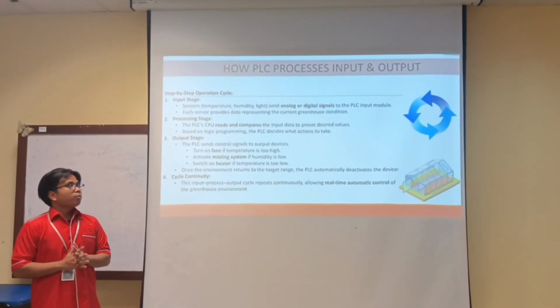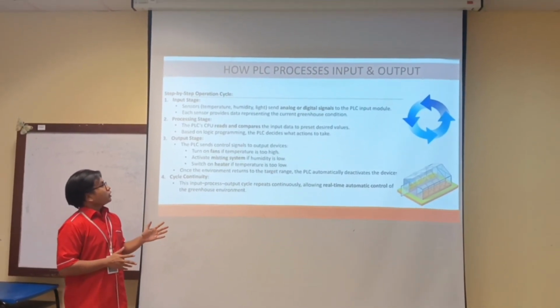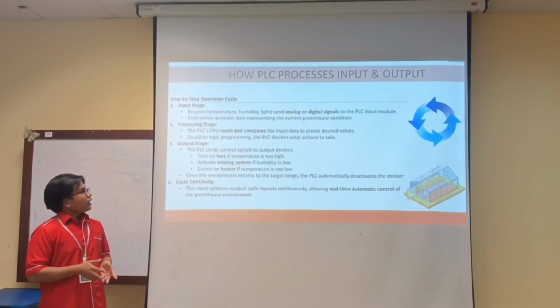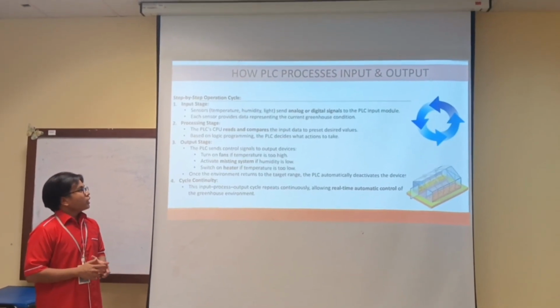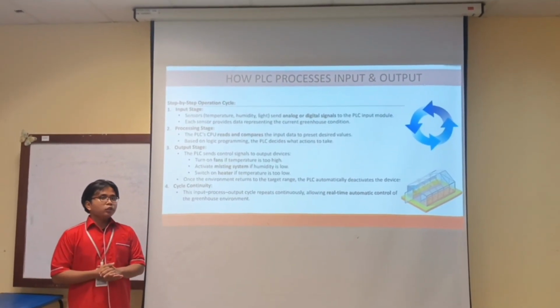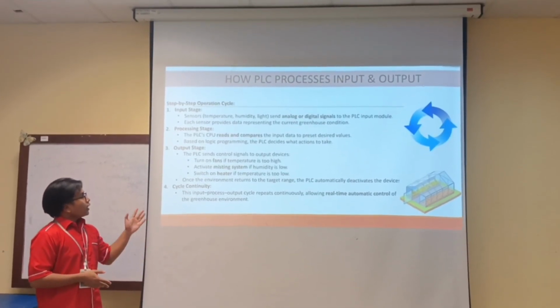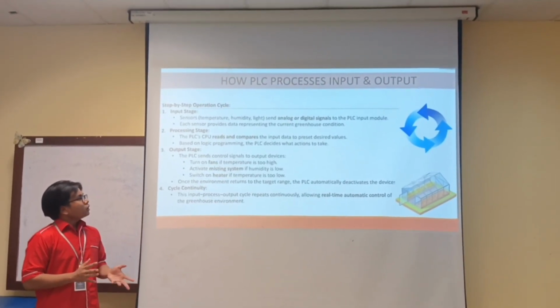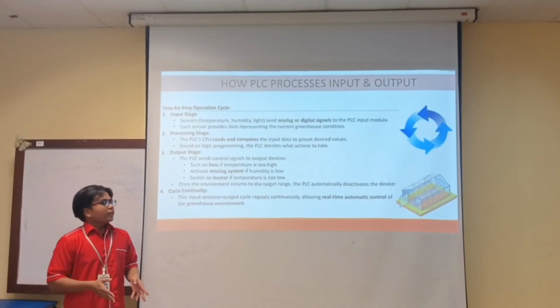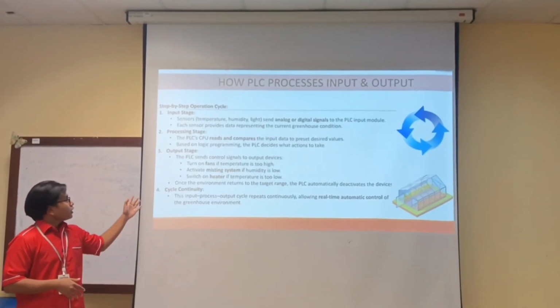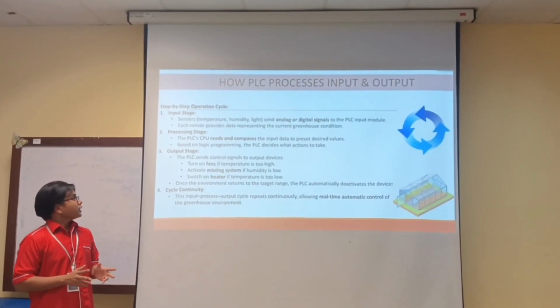Second is the processing stage. The PLC CPU reads and compares the input data to preset desired values. Based on logic programming, the PLC decides what action to take. Next is the output stage.